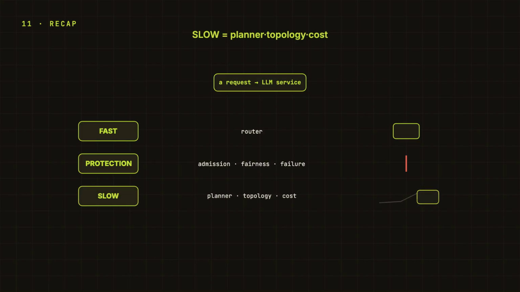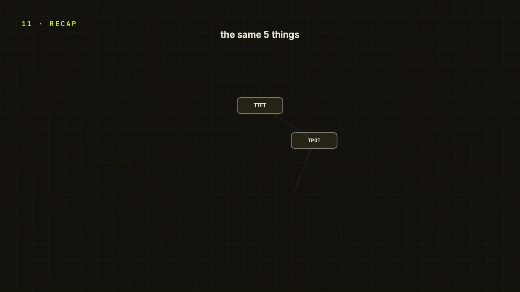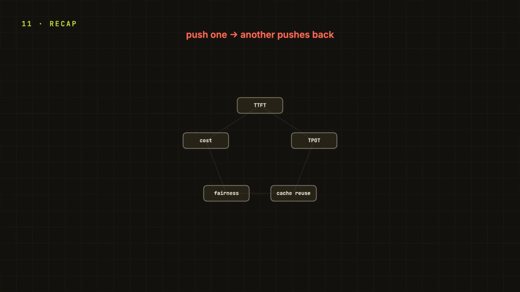And the slow loop is the planner, predicting demand and adding the right GPUs before the clocks blow, and not after. And every one of the loops is really juggling the same five things, trying to keep them from fighting too badly: first token time, next token time, cache reuse, fairness and cost. Push any one and another pushes back.